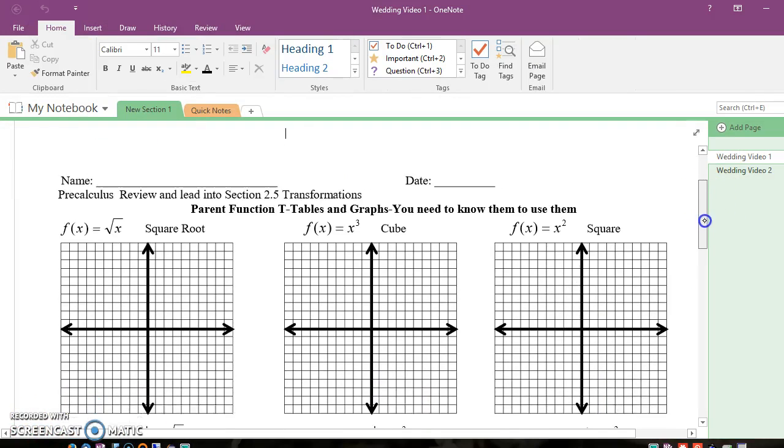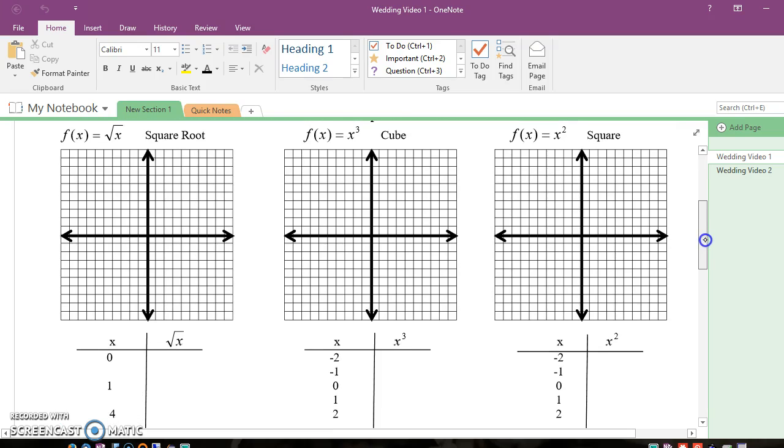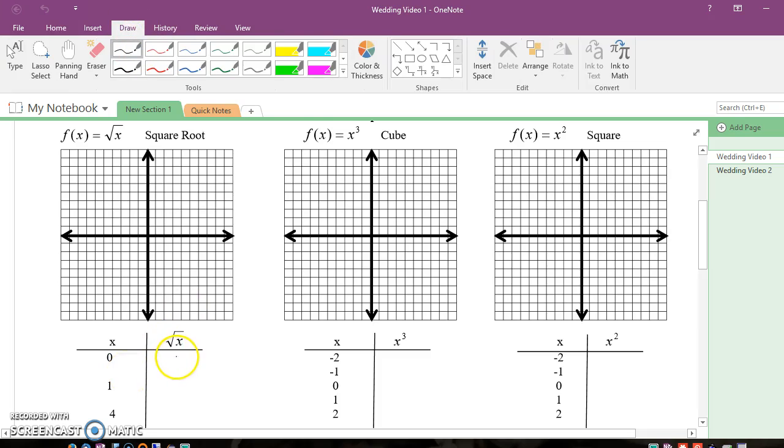So let's take a look at square root. And the first thing that we want to start with are the anchor points for square root. So here are some x values. Plug them in to the function. So if x is 0, what is the square root of 0?